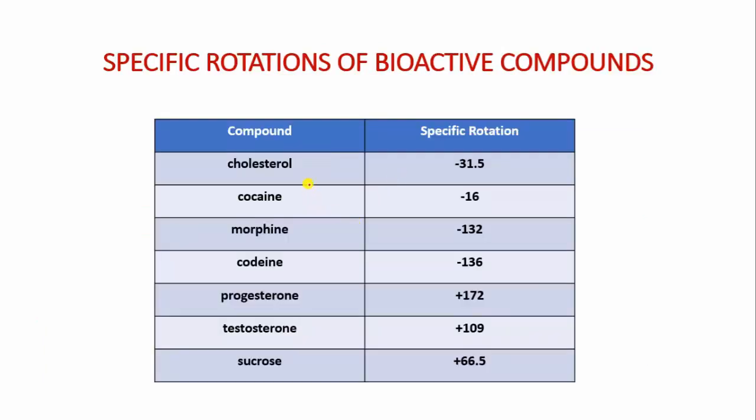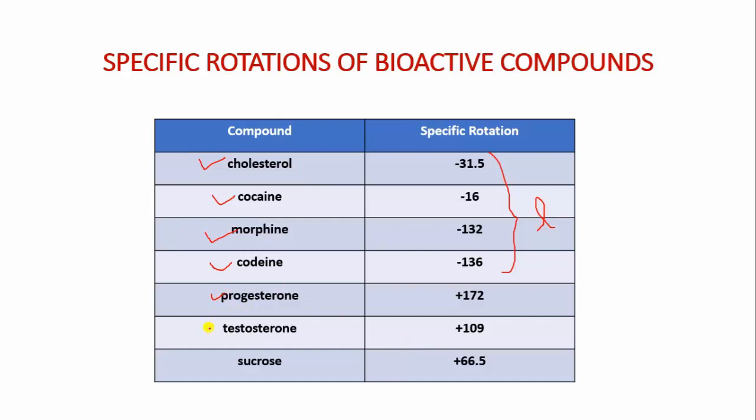Here are some examples of dextrorotatory and levorotatory compounds. Cholesterol, cocaine, morphine, codeine all show levorotatory optical activity.